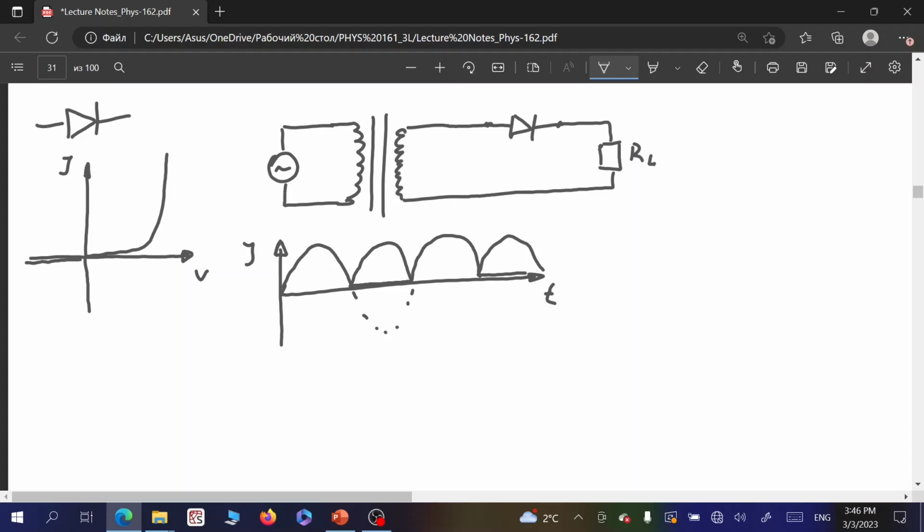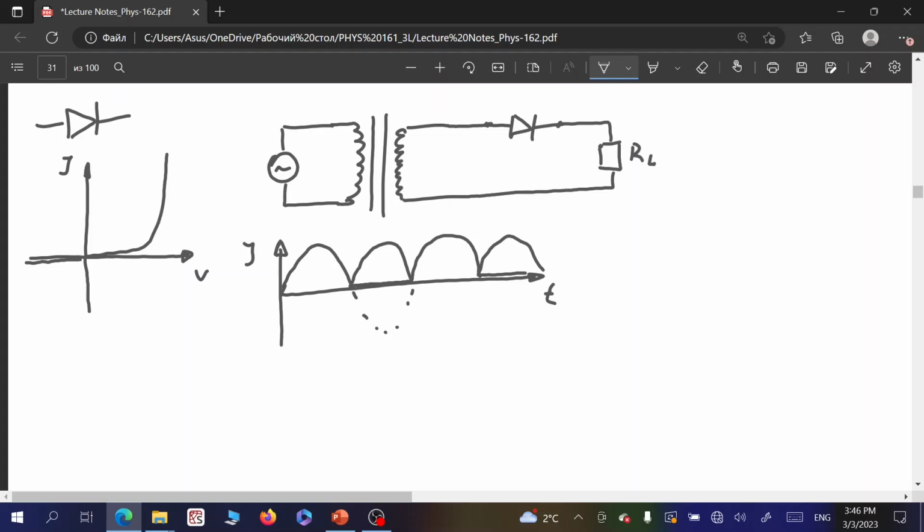We don't lose half of the period, it is just inverted from negative to positive. However, you still see these oscillations in magnitude, maximum, minimum. So we go to maximum voltage, or current, whatever, and then we go to minimum. So these are so-called pulse DC.